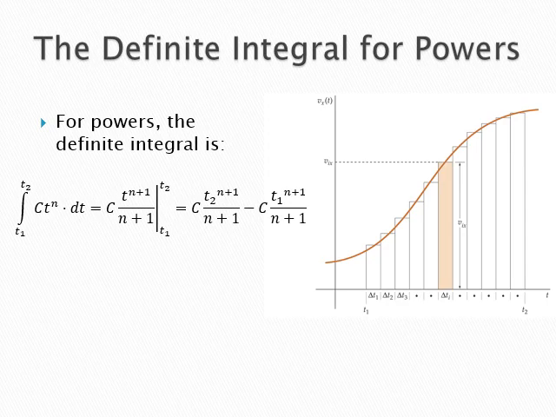Now, so far we have only calculated the antiderivatives of power functions. So the definite integral for a power function is something that we know how to calculate. The definite integral of a function of the form c times t to the nth power dt is equal to c times t to the n plus 1 power divided by n plus 1, evaluated at each of the two endpoints and then subtracted.